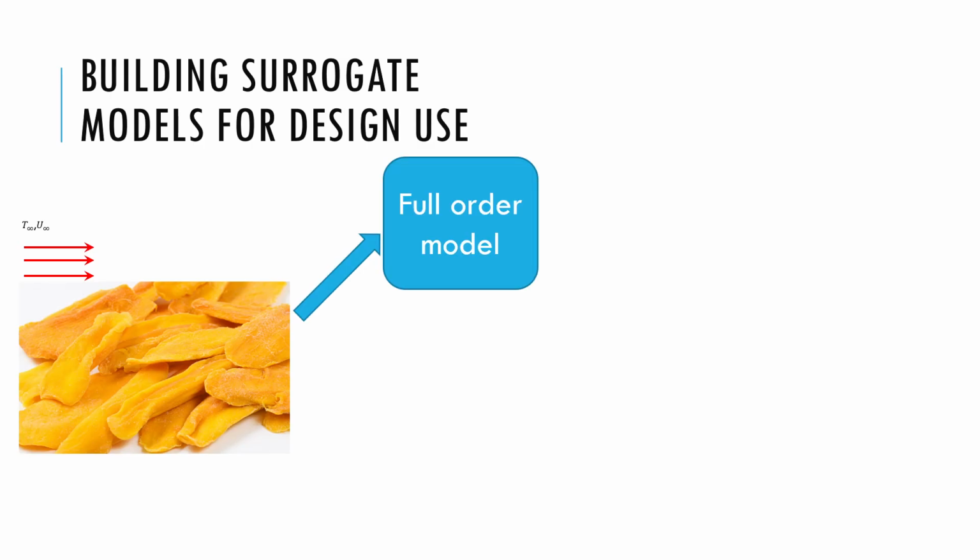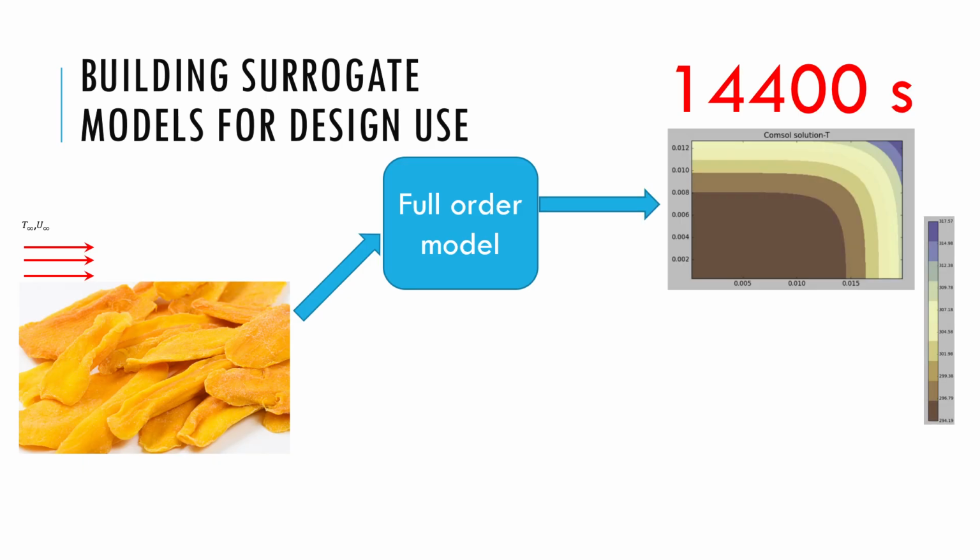So I do a full order model, meaning a full mechanistic model, like you would normally know. It has the physics of heat transfer, mass transfer in its full glory, full details, and you can get outputs. Okay, but the runtime, as you can see, is very large.